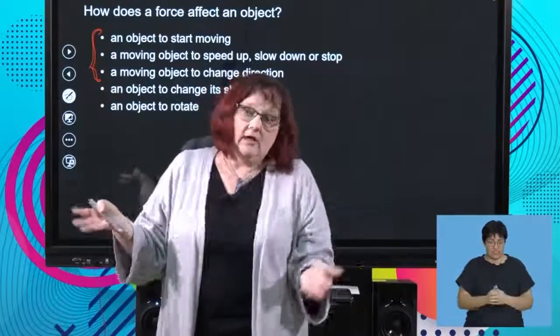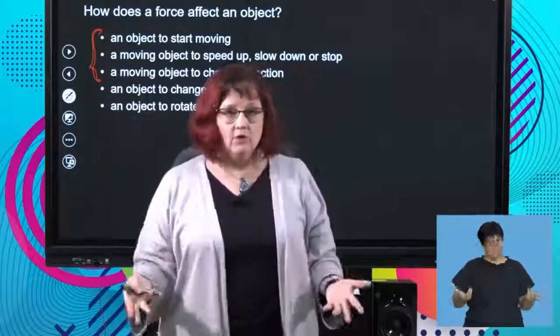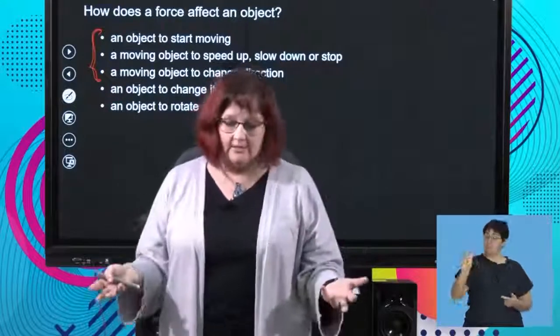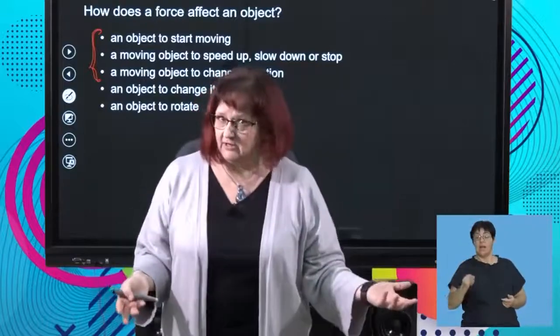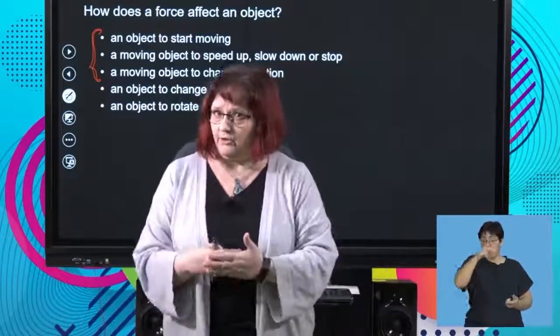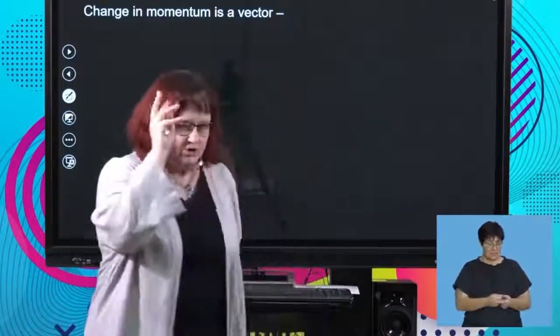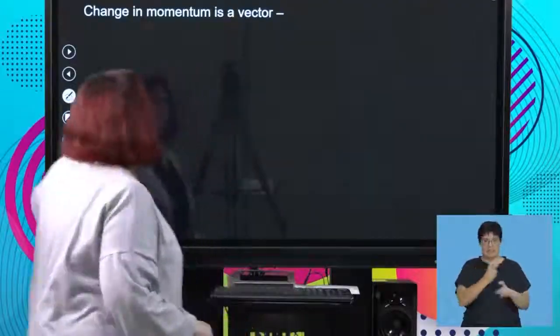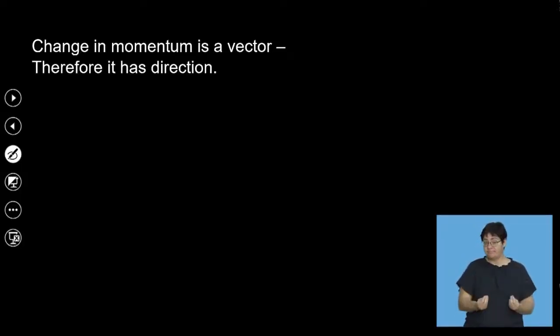Makes sense? And the first two involve a change in velocity, which must change the momentum. They go together. All right, so change in momentum is a vector. And this is the one where it starts to get a little hazy, okay? It has to have direction.